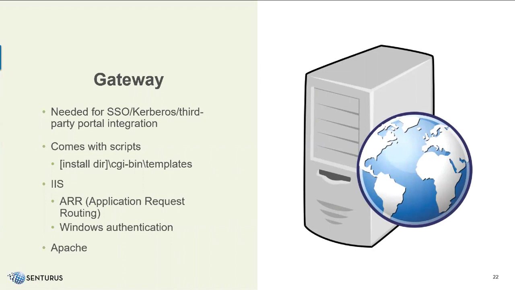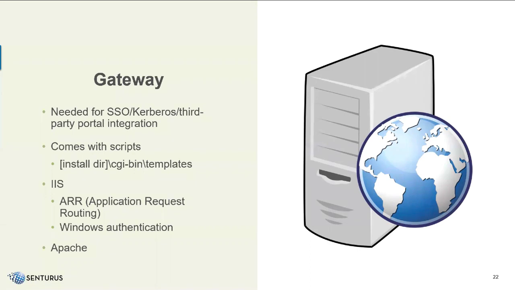You have to provide a couple parameters, like the alias name, the dispatchers, a couple other fields, installation directory, and it just creates all the virtual directories and applications and routing rules and all this extra stuff automatically. That also used to be something you had to download externally from IBM. It is now included in the installation directory under the CGI bin templates folder.